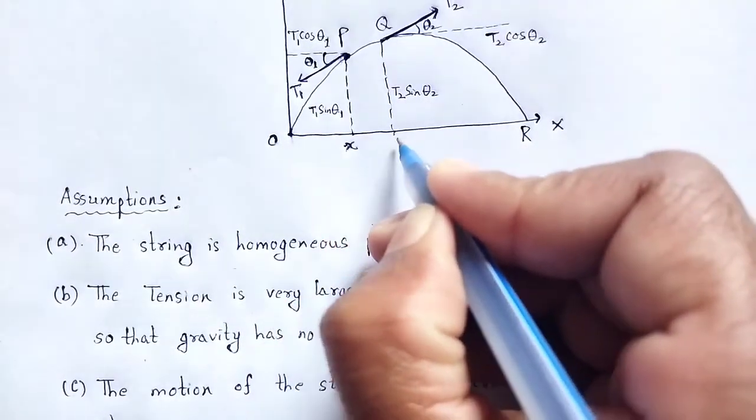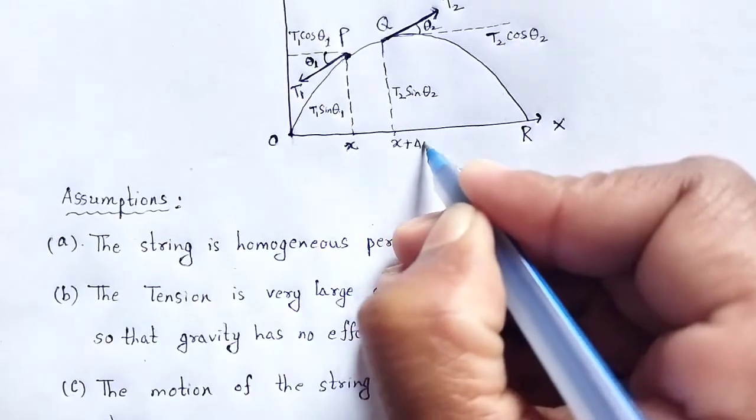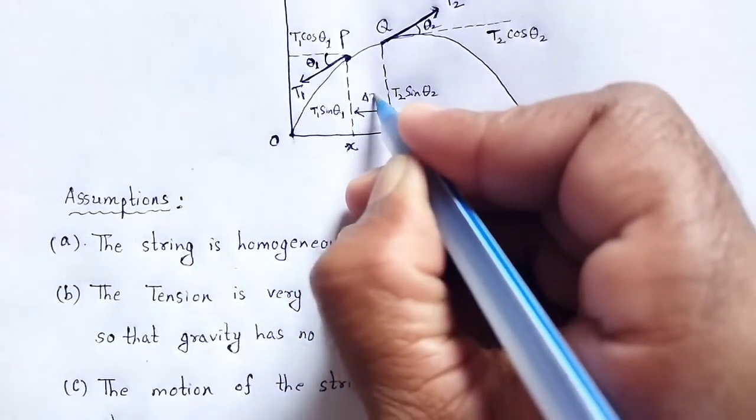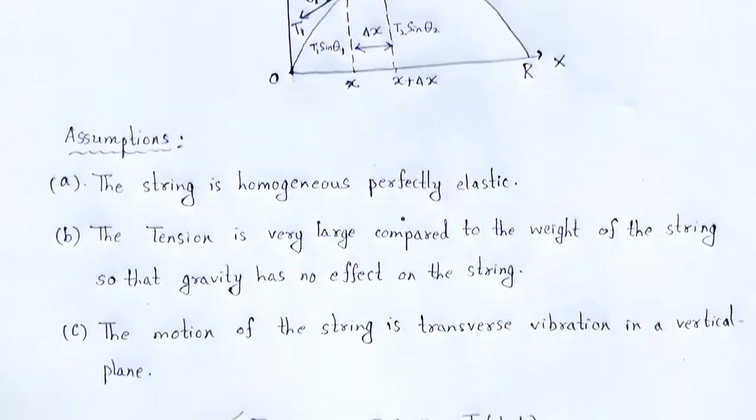This is x, that point is x plus del x, and the section displacement is del x.